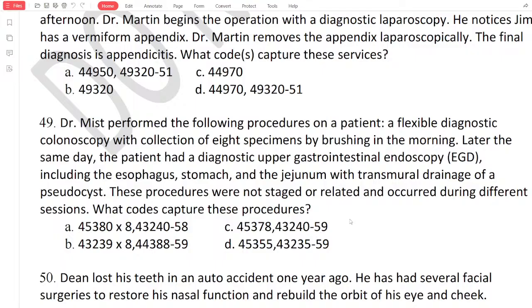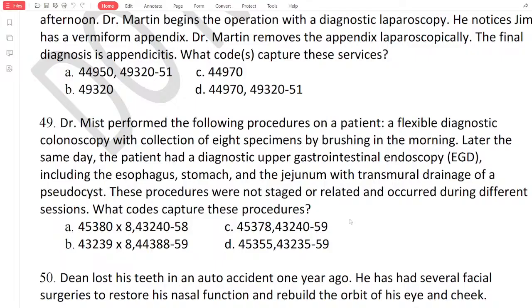Next is the 49th question. Dr. Mist performed the following procedures on a patient: a flexible diagnostic colonoscopy with collection of 8 specimens by brushing in the morning. Later the same day, the patient had a diagnostic upper gastrointestinal endoscopy, EGD, including the esophagus, stomach, and the jejunum with transmural drainage of pseudocyst.